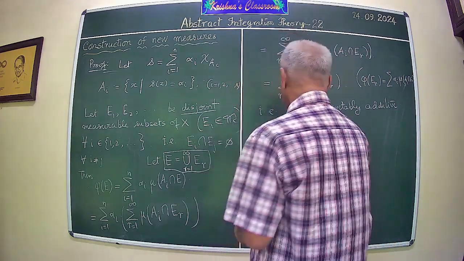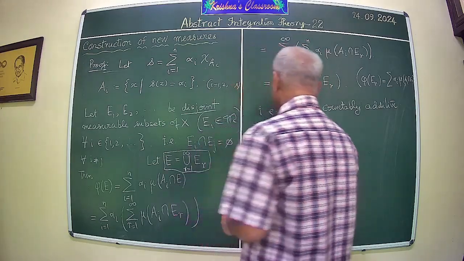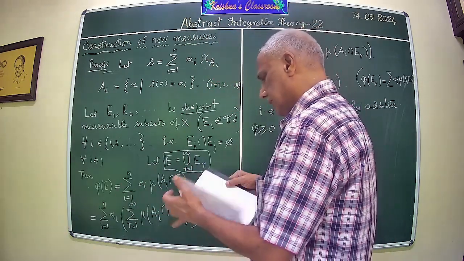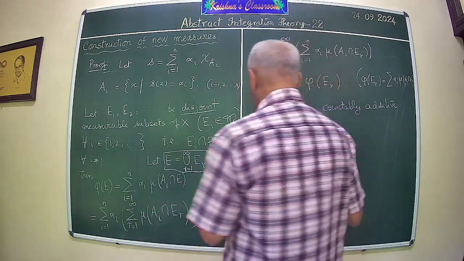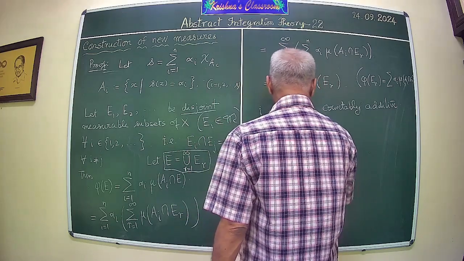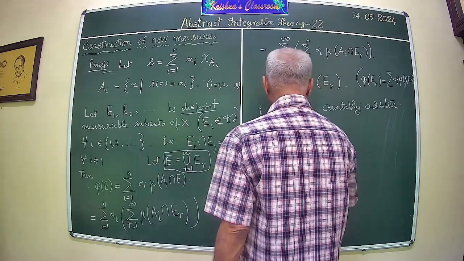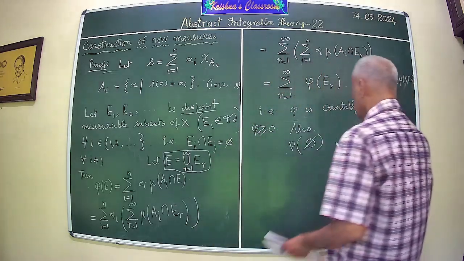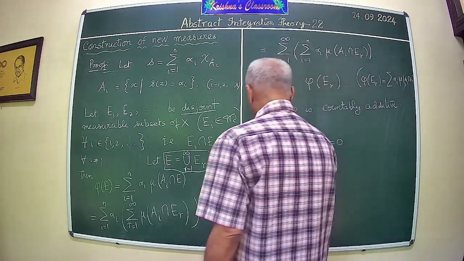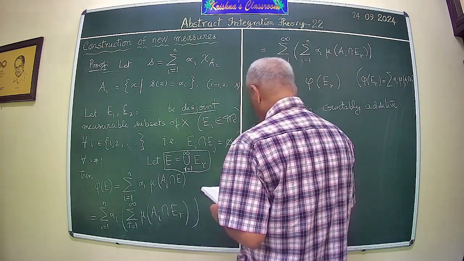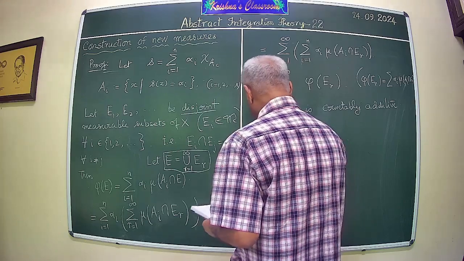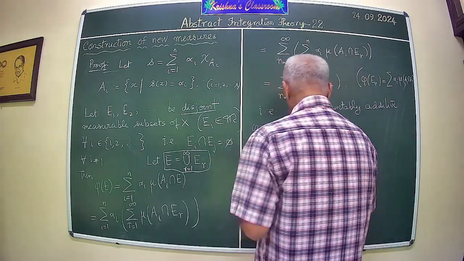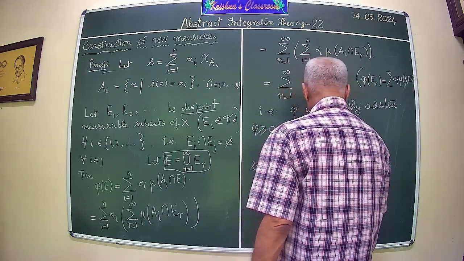Therefore, of course, you know that phi is greater than or equal to 0. Phi is countably additive. And further, what you get is this: phi of the empty set is equal to 0, so that phi is not identically infinity.